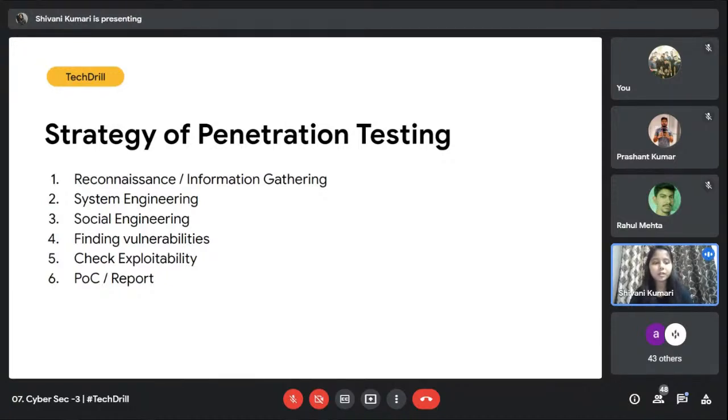The first one is reconnaissance. It means information gathering. It is the first and foremost step for any penetration tester. All those who attended the first week of cybersecurity TechDrill had done this already as a task. Remember information gathering on Bharat Agrawal?